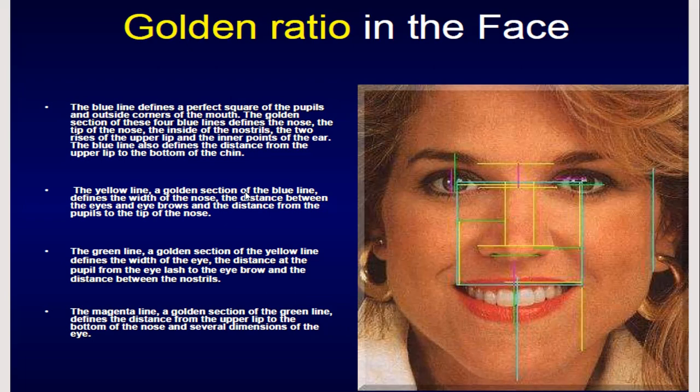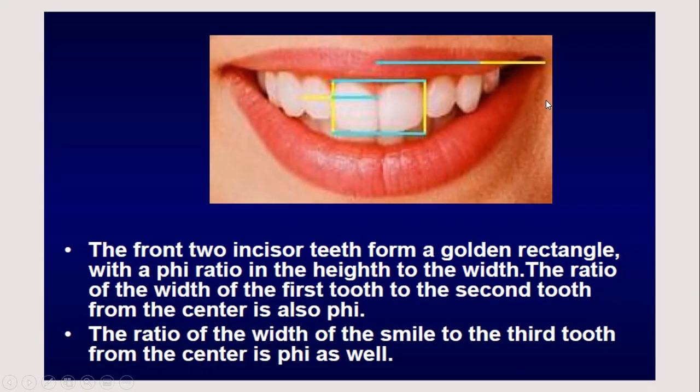And the magenta line, a golden section of the green line, defines the distance from the upper lip to the bottom of the nose and several dimensions of the eye. So this is the golden ratio in the face, or we call this happy measurement.